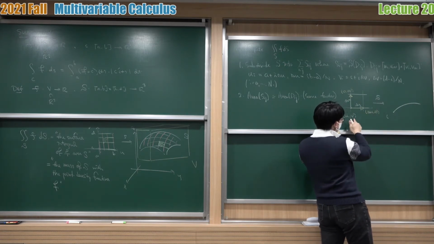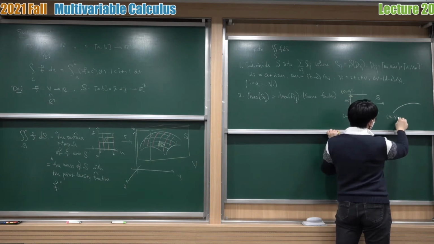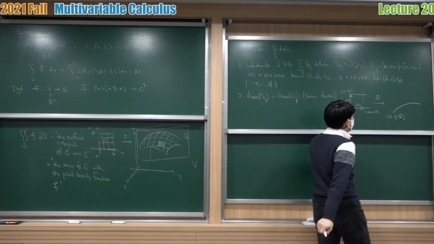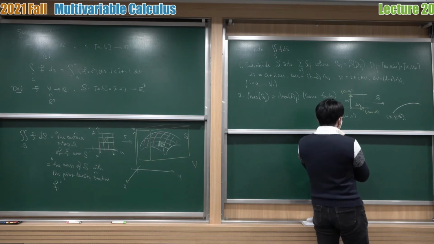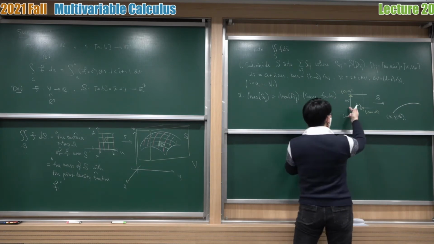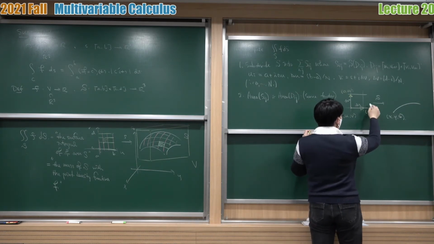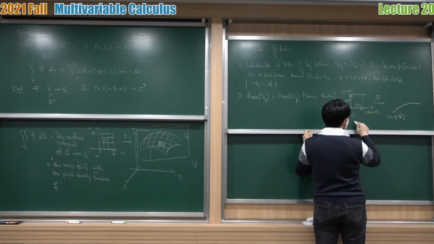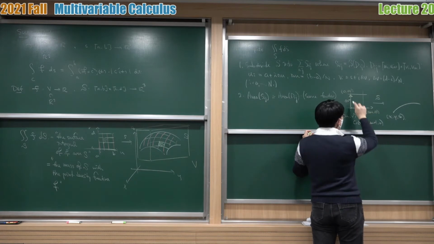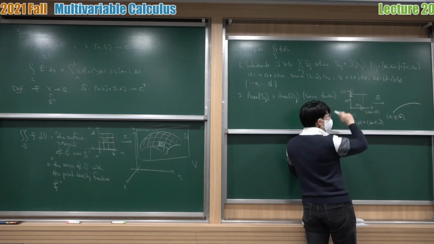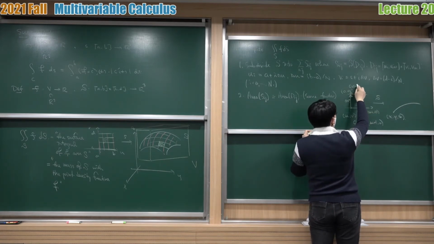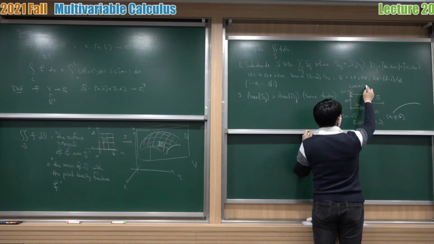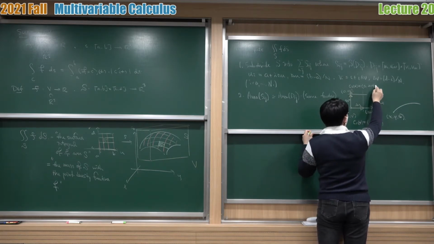So let's say u, v is mapped to x, y, z here, okay? And then what happens when I follow this horizontal line? So this line is parameterized by C1(t) equals what? (Delta u t, 0). And if I follow this vertical line, let's say this is C2(t), that means it's (0, delta v t), right?